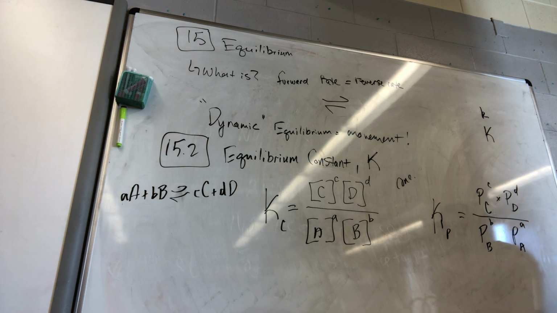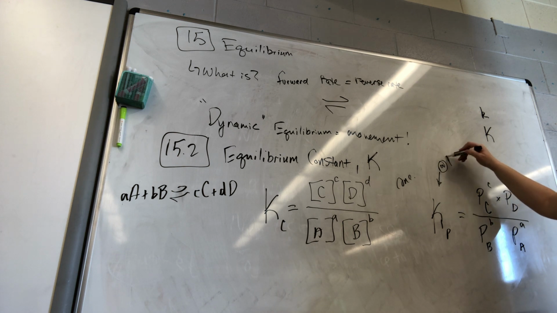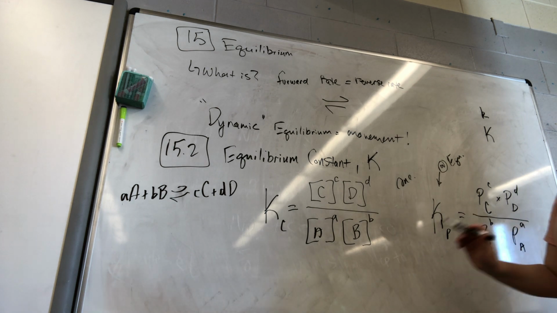All right. Let's talk about values of K. This is going to be an indicator of what is happening at equilibrium. Remember that this is at equilibrium. Outside of equilibrium, what do we use instead?